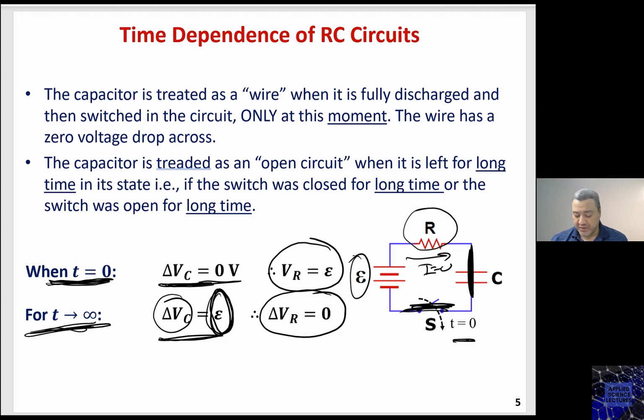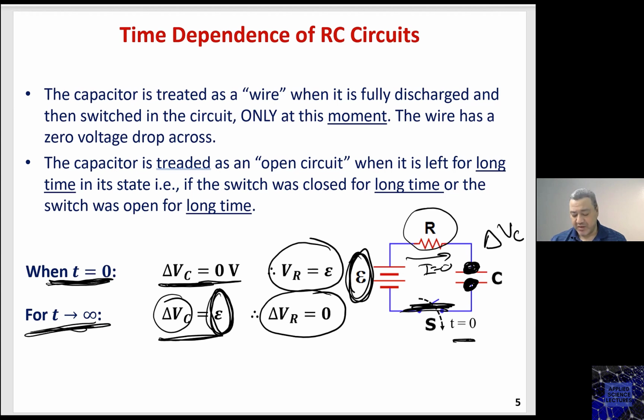So now, when it's for a long time, you can replace this capacitor with an open circuit, no capacitor, open circuit, and then you can calculate the voltage across those two electrodes. And the current here would be 0. As you can see, the electromotive force will show up right across the capacitor.